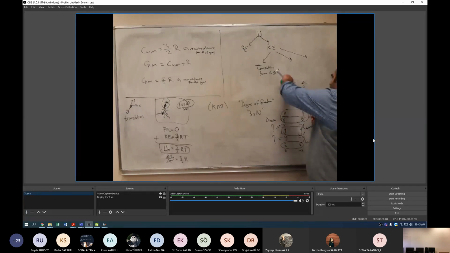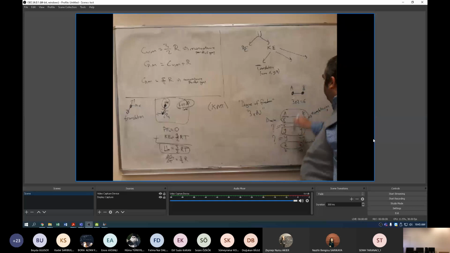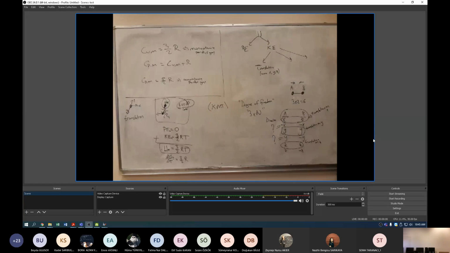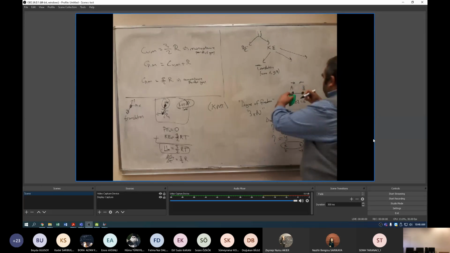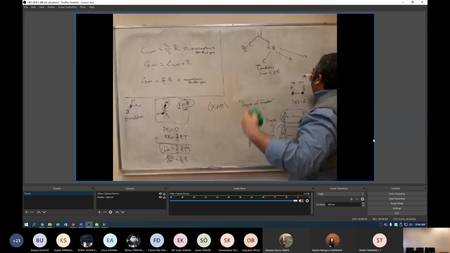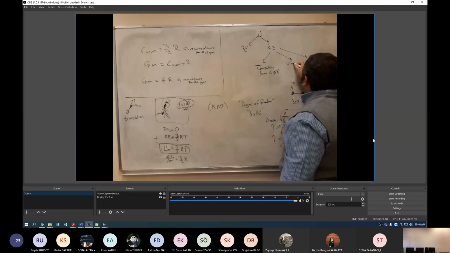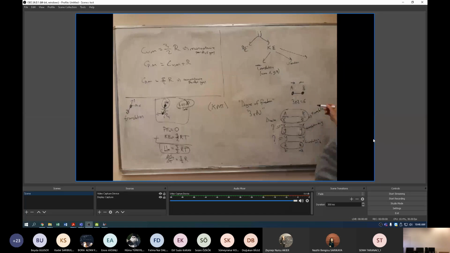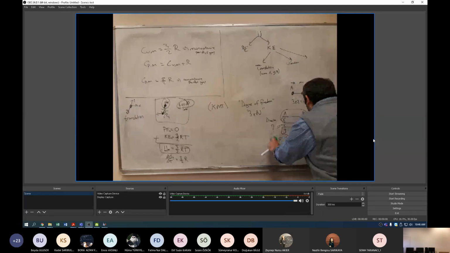Okay, so this one tells me that X is going this way, Y is going this way. This is actually what we call vibration. Okay? This is called vibration.